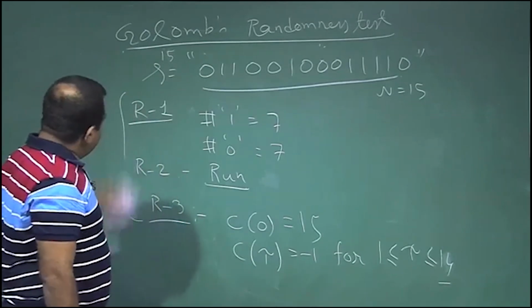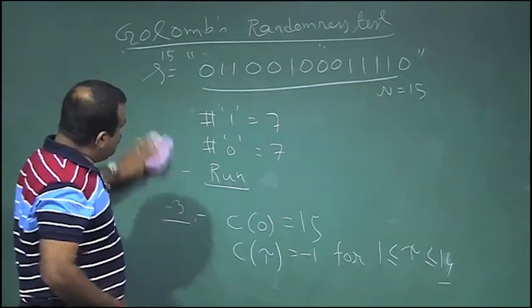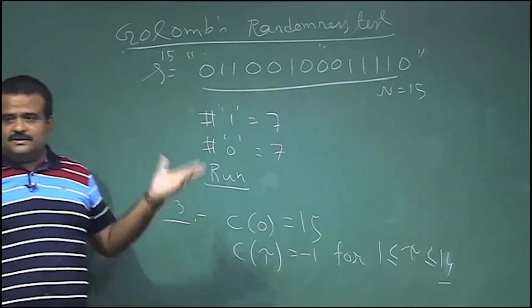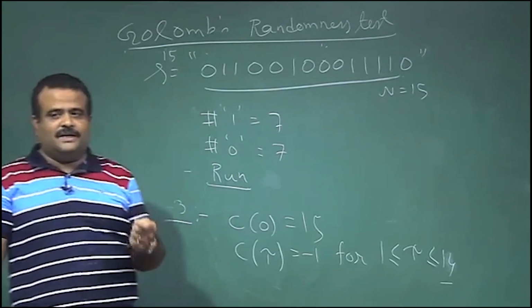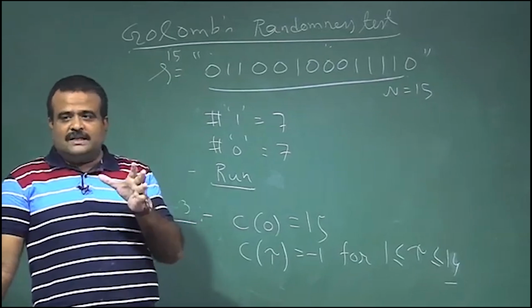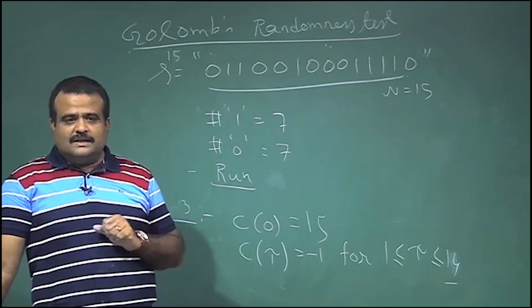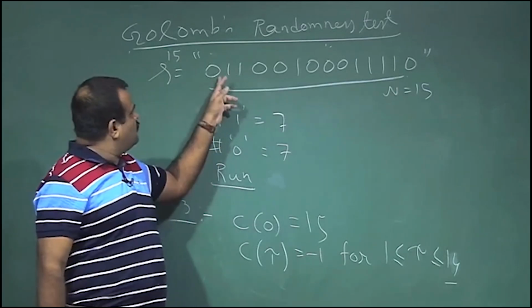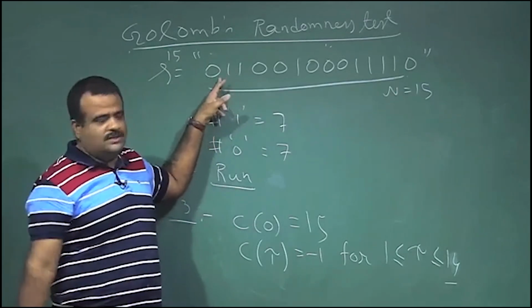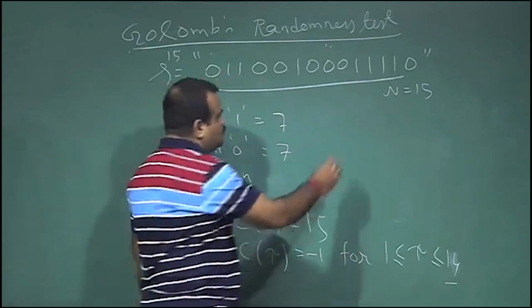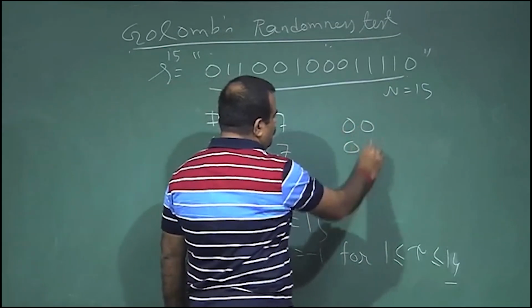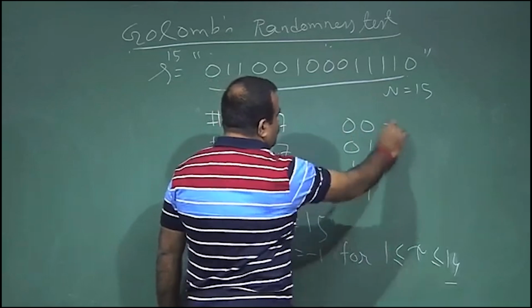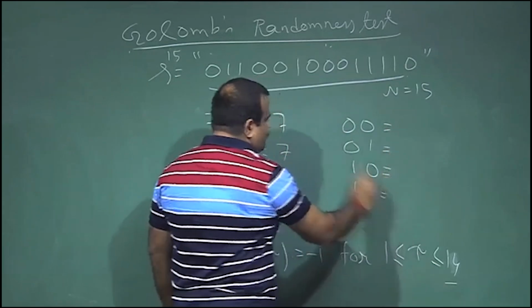So, this is the Golomb test. There may be other tests, which are basically necessary conditions a truly random sequence should have. Here we have counted the number of zeros and the number of ones. We can also count the number of these bit pairs 0 0, 0 1, 1 0, 1 1. We count their numbers and they must be similar.